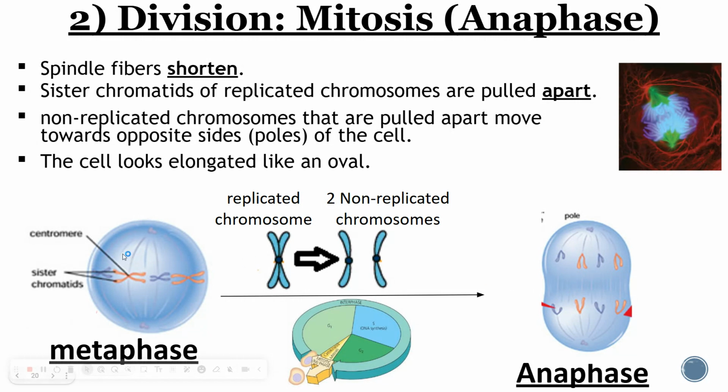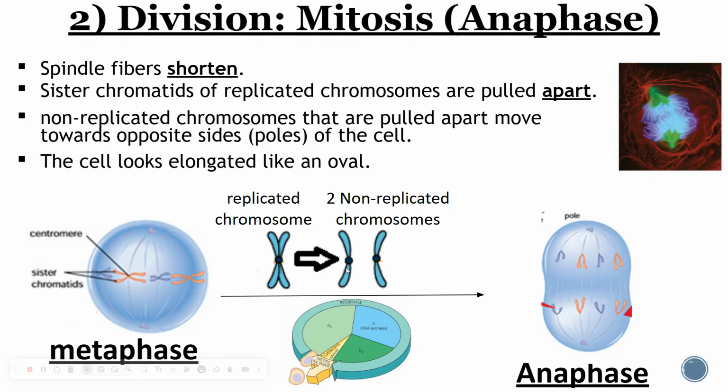So what basically happened is the spindle fibers are shortening, and they split the sister chromatids. So this is a sister chromatid, and so is that. They pull them to opposite sides of the cell. So this one replicated chromosome is being split, and these are still called chromosomes now. They were called sister chromatids when they were together, but now that they're separated, they become their own chromosome.